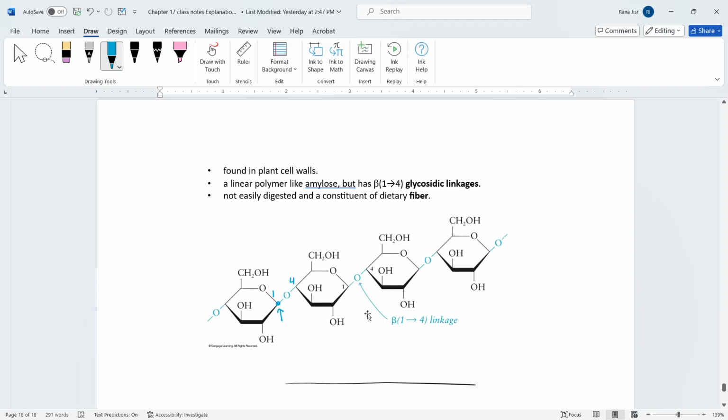So what you need to know, guys, is the composition of cellulose, what it is made up of. It is made up of beta 1,4 glycosidic linkages. So if I give you the structure of glucose, you are able to connect those glucose units together in the same format in order to get the structure of cellulose.